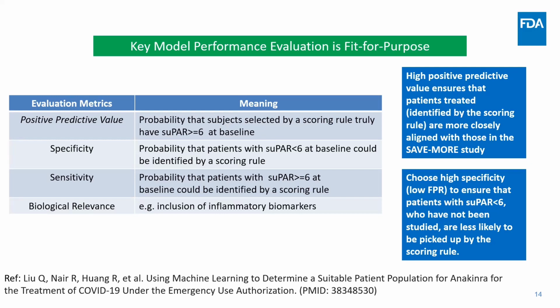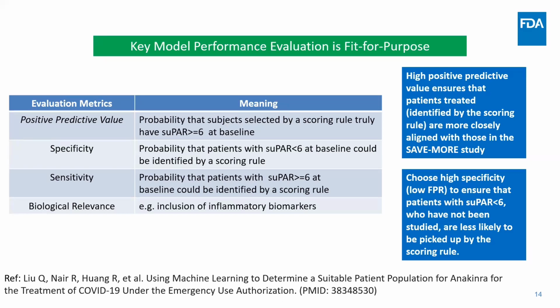Then we look at the sensitivity, because we know during that time we have another type of treatment, the IL-6. So even if the patient is eligible for anakinra, but the scoring rule didn't select the patient, the patient still has other options.